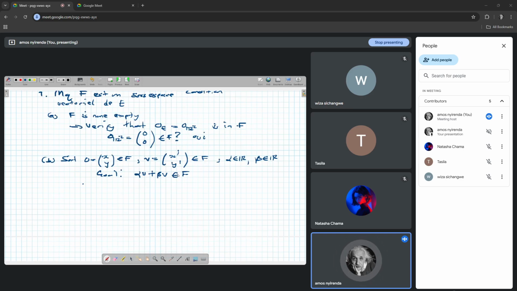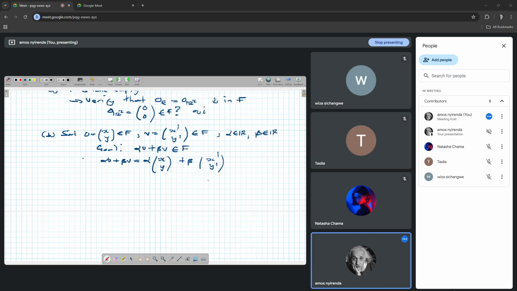Well, the first thing is to calculate alpha u plus beta v. So we know that alpha u plus beta v is equal to alpha multiplied by (x, y), and then plus beta multiplied by (x prime, y prime), like so. C'est bon?